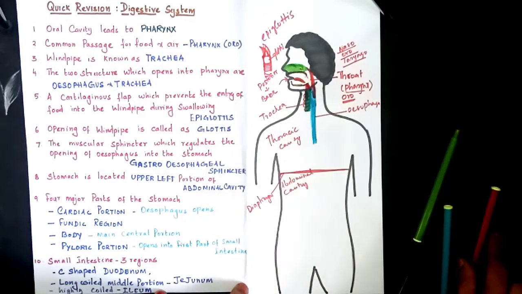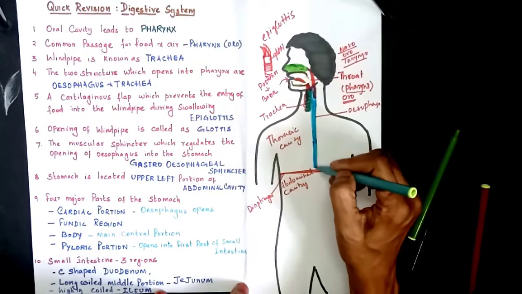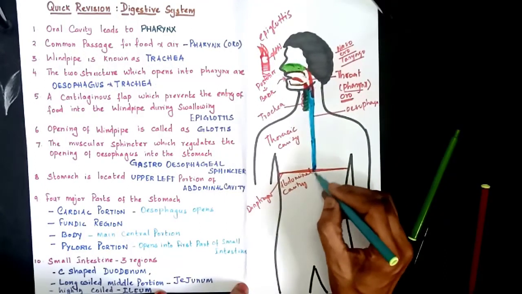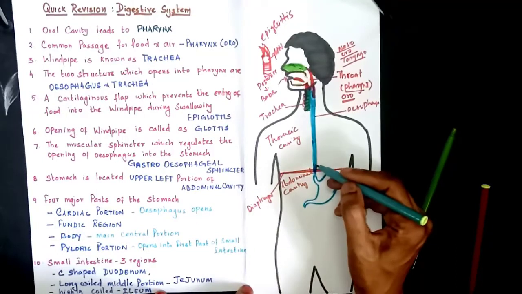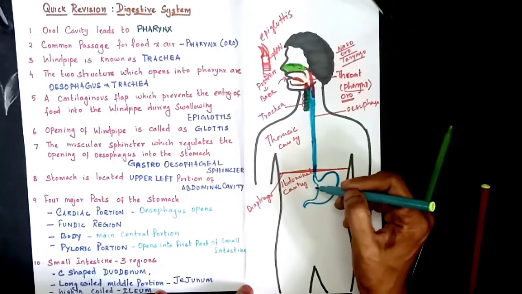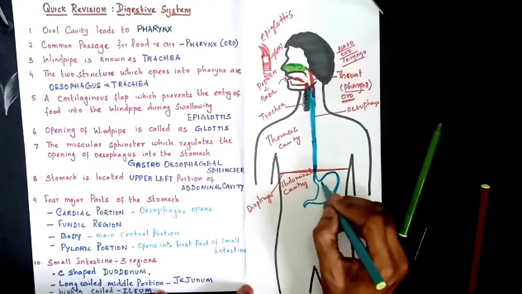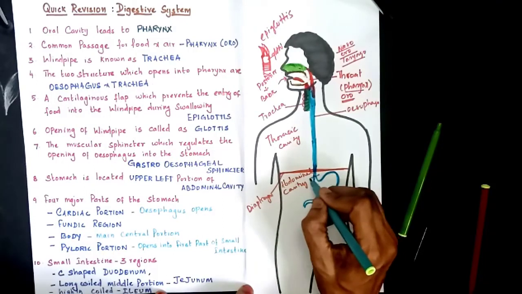Now the esophagus extends down and reaches the abdominal cavity. The esophagus is a muscular tube which extends down, and where the stomach and the esophagus meet, you have a sphincter.